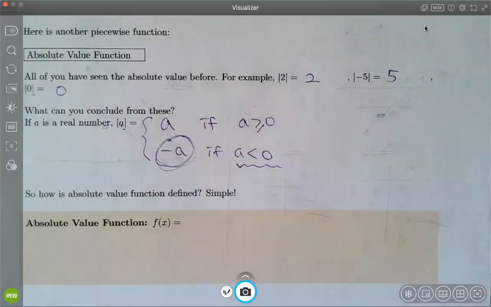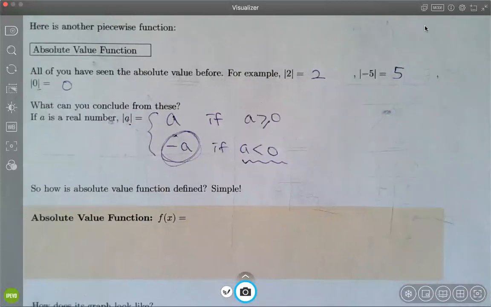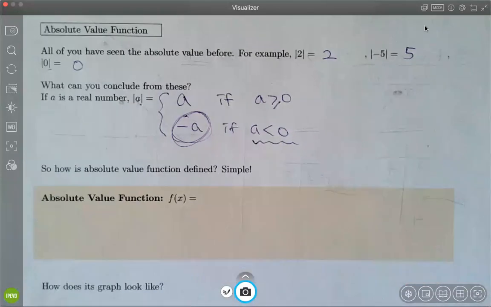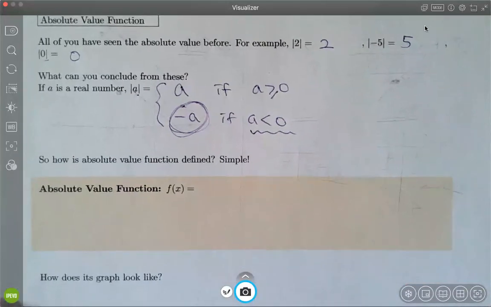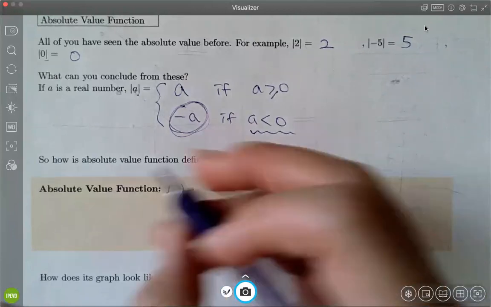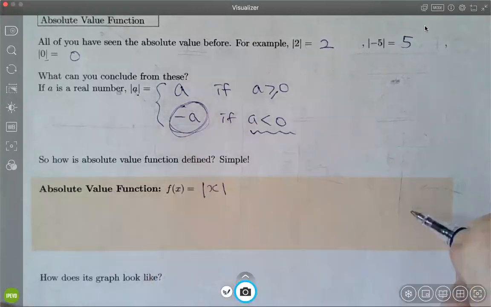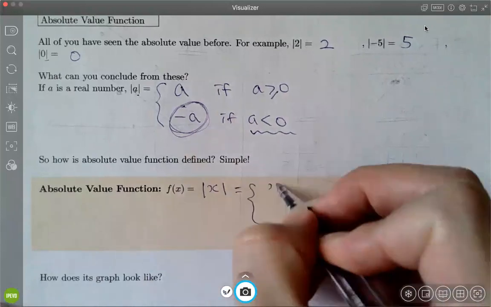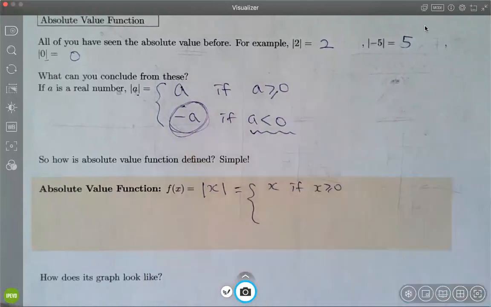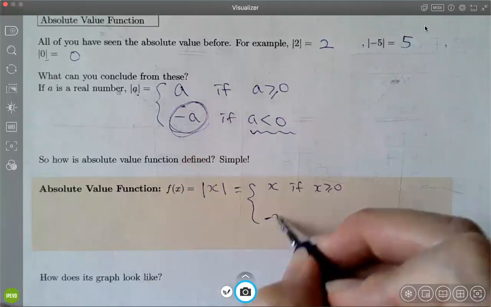Okay, so how can you define the absolute value function from this? Very simple, replace a by x. So the absolute value function is this one, which is equal to x if x is greater than or equal to 0, negative x if x is less than 0.